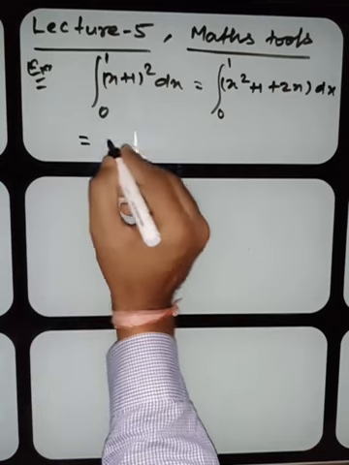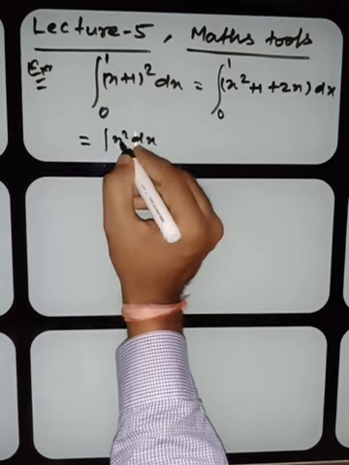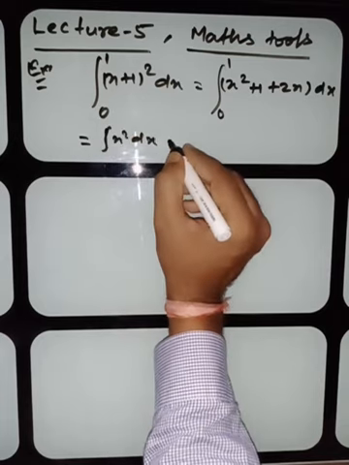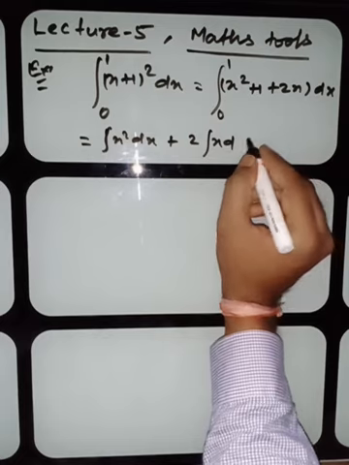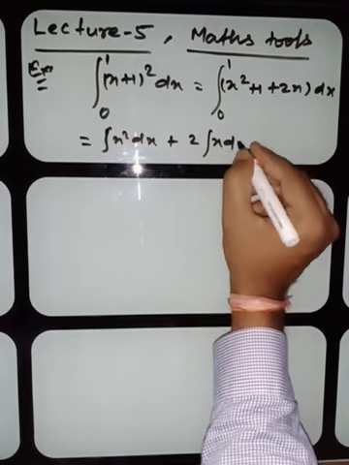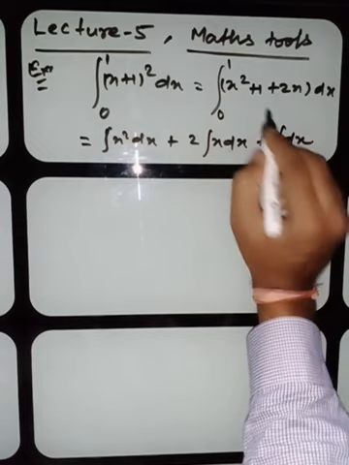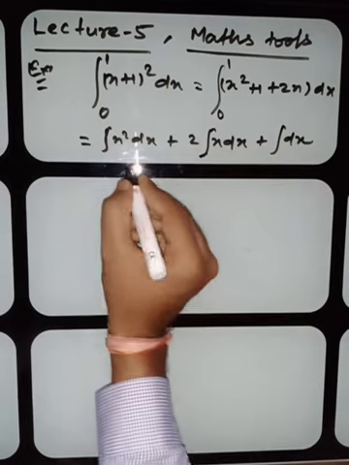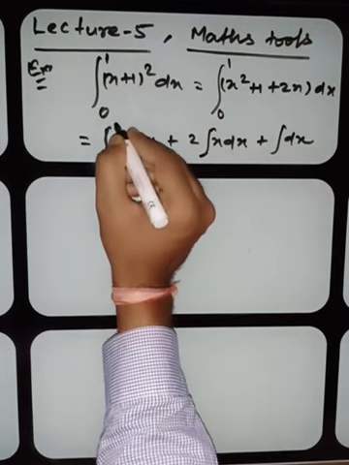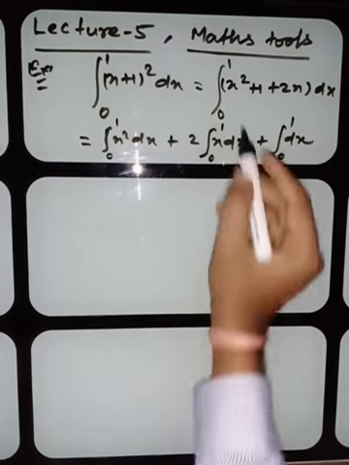Now, x squared dx plus 2x dx, and here the 1 plus dx for this one, student. Now you have to put the limits over all the integral operators, because this has been broken in 3 parts.